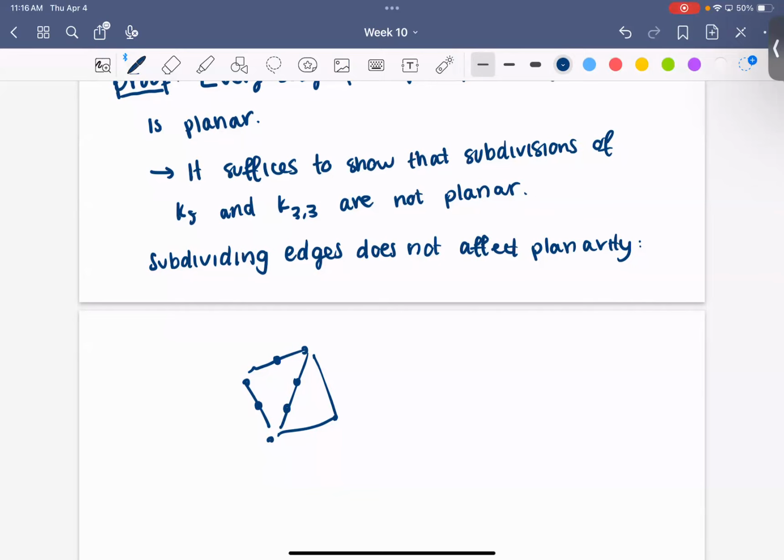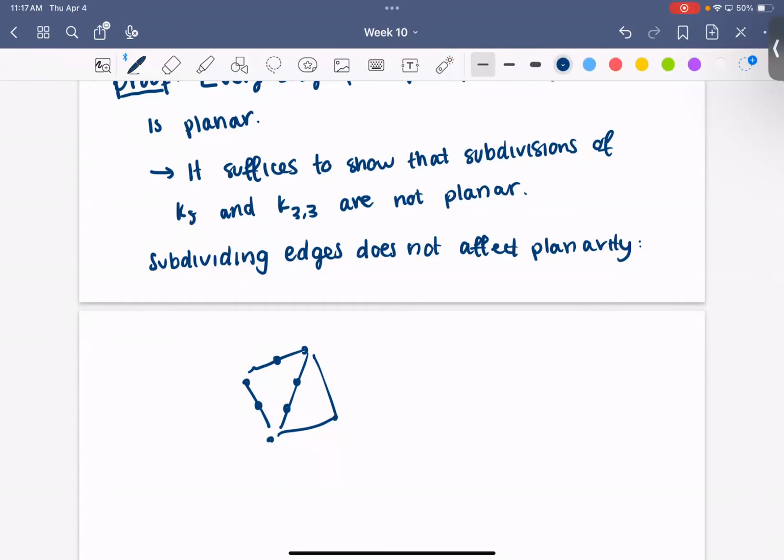And vice versa, if I have a planar embedding of the subdivided graph, then I can just erase the extra vertices, and that will give me a planar embedding of the original graph.